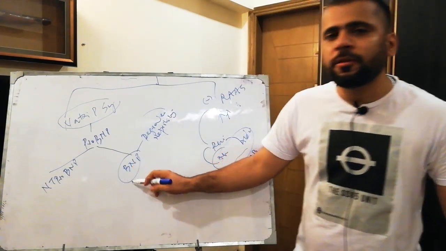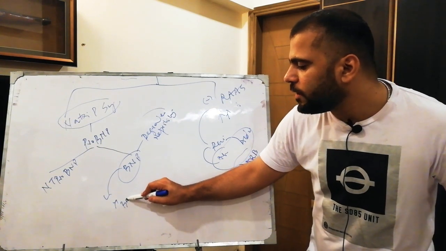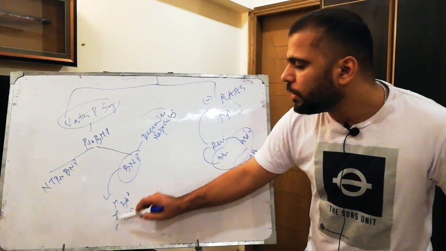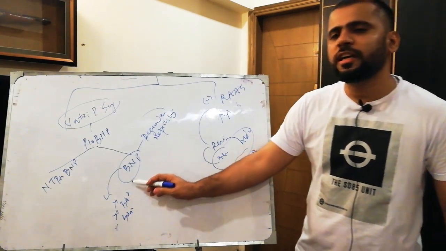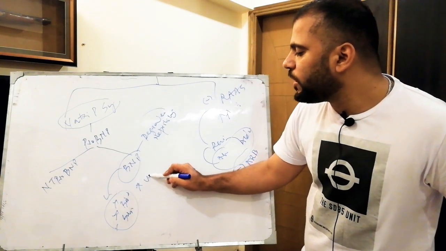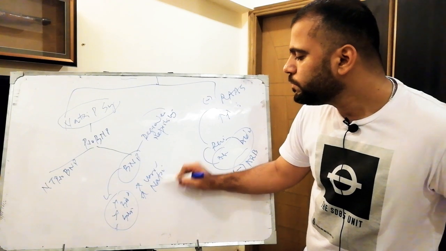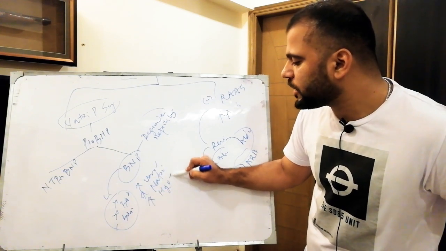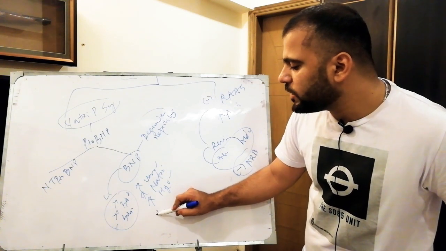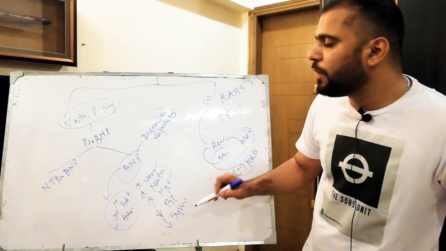BNP is beneficial for us because BNP increases bradykinin and substance P, and these substances increase vasodilation, natriuresis, and water excretion, cause diuresis, decrease the blood pressure, and decrease the sympathetic tone of our body.